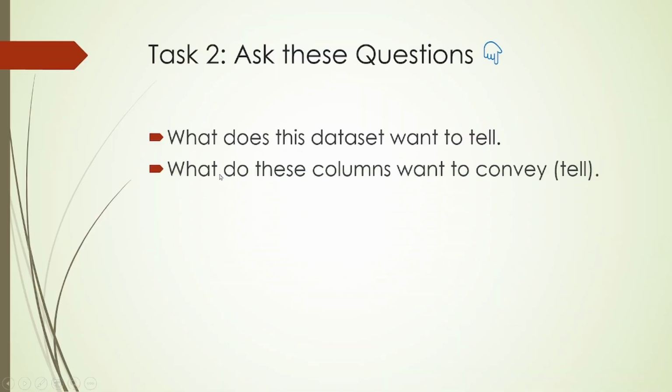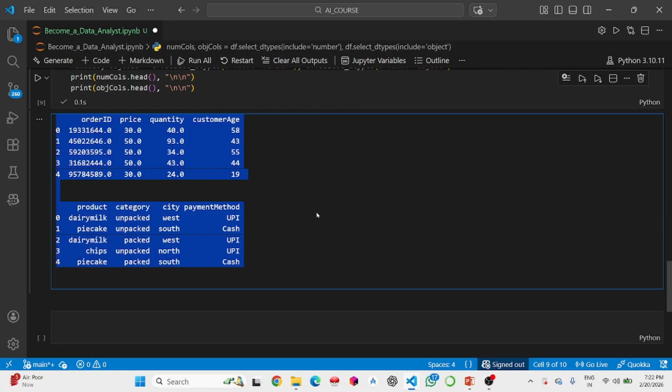Now next, what do these columns want to convey? Order ID tells order ID, price tells price, quantity tells quantity, customer age tells customer age, product tells product names like dairy milk, pie cake, chips.